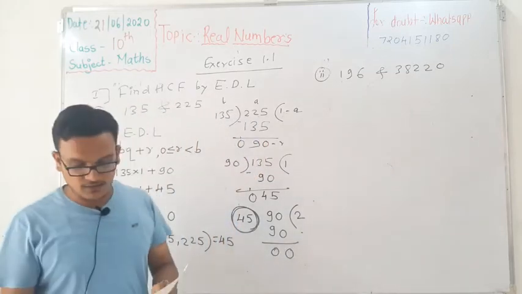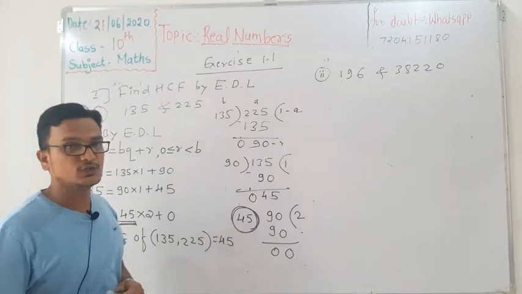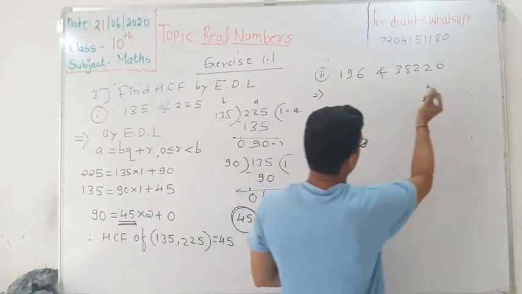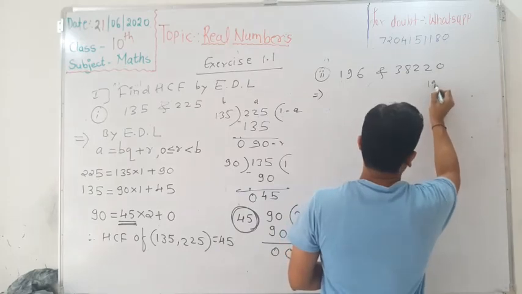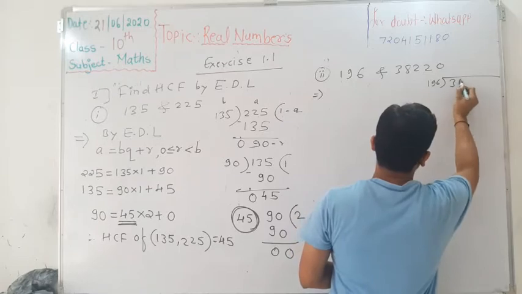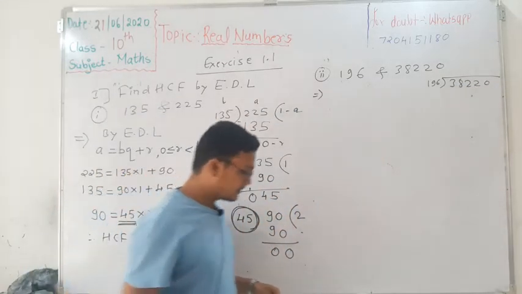Again we have to find out the HCF of these two numbers. As usual, first follow the long division process method. So 196 will divide 38220.